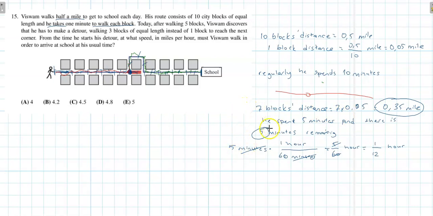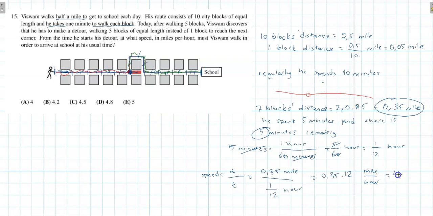Now we know the distance and we know the time. Speed will be found by dividing distance by time. Distance is 0.35 mile, and time is 1/12 hour. So the result is going to be 0.35 times 12 miles per hour.